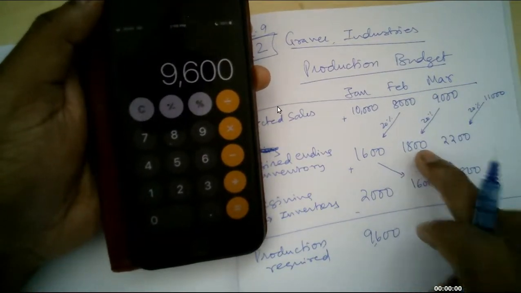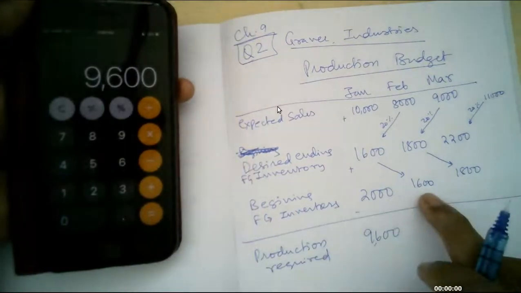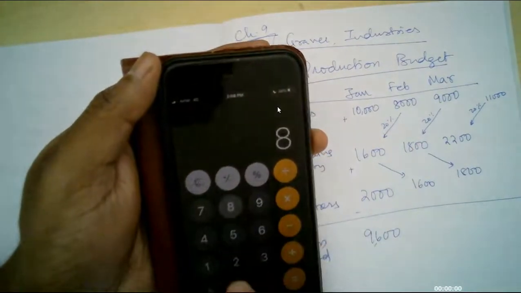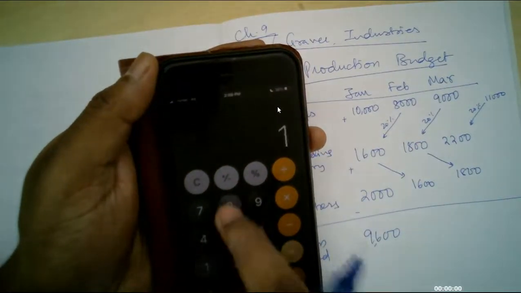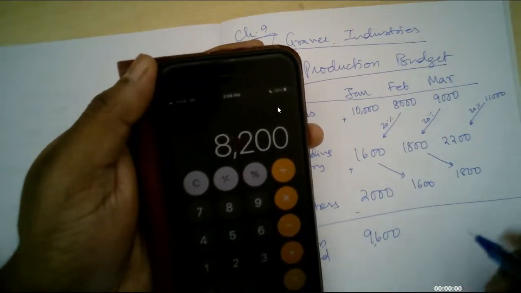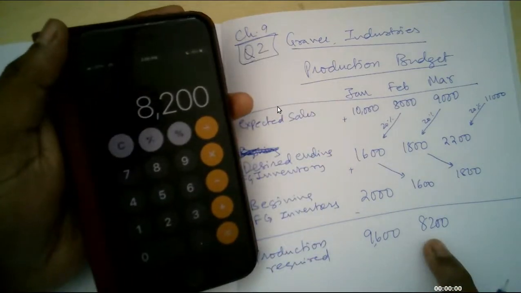That also you have to produce. But then you already have a beginning inventory of 1,600. So this plus this minus this. So 8,000 plus 1,800 minus 1,600. So 8,200 is the production required in the month of February.